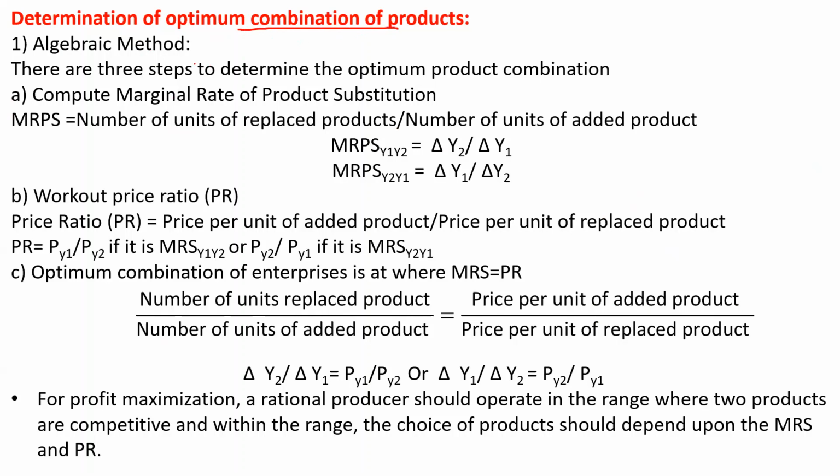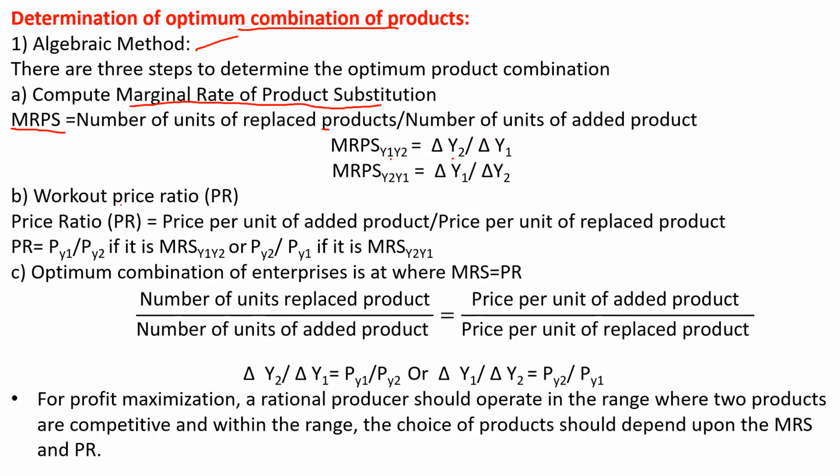So first, by the algebraic method, there are 3 steps to calculate the optimum product combination. First step is to compute the marginal rate of product substitution. Marginal rate of product substitution, that is MRPS, is equal to number of units replaced divided by number of units added. So MRPS of y1 for y2 will be equal to delta y2 divided by delta y1.